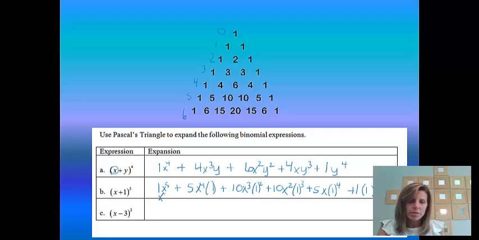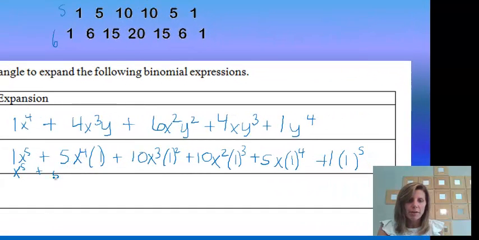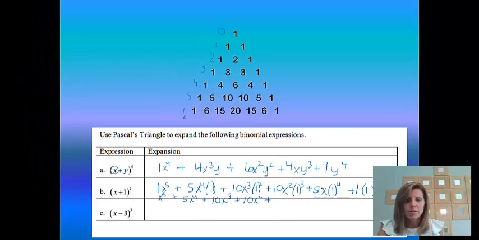Okay, 1x to the 5 is just x to the 5, and then plus 1 times that 5 is just 5x to the 4, and then plus 1 squared is 1, times that 10 is still just 10x to the 3rd, plus 1 to the 3rd is 1, times that 10 is 10x squared, plus 1 to the 4th is 1, times 5 is 5x, and then plus 1 to the 5th is 1, times 1 is 1.